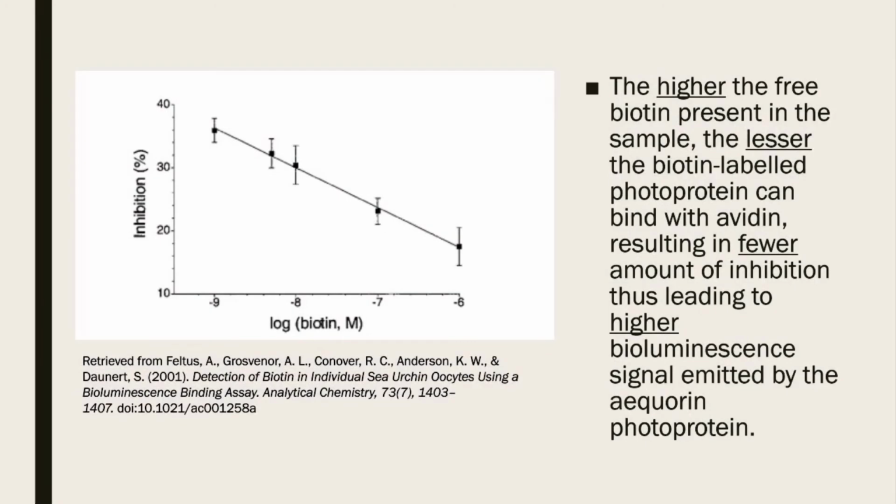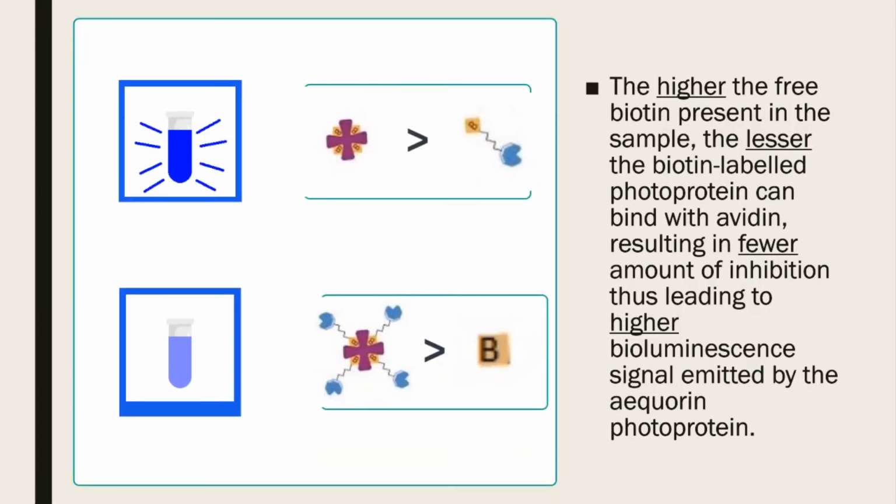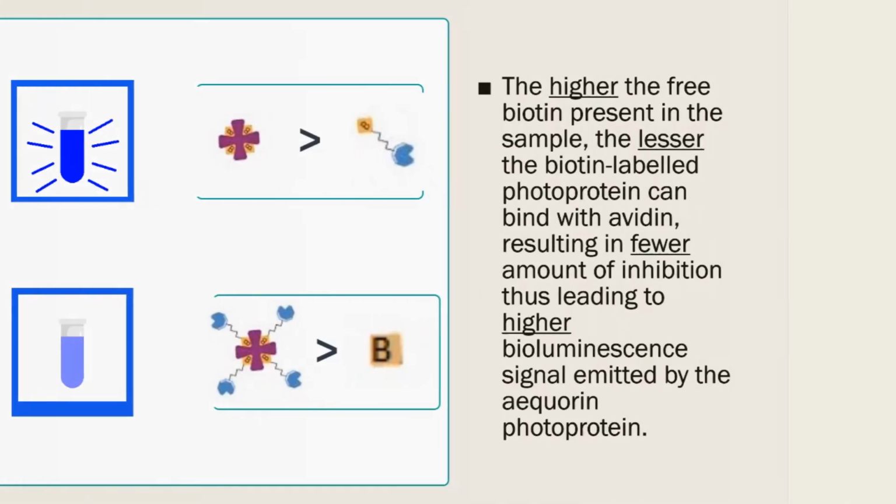The graph shows that the inhibition rate drops down as the number of free biotin in the system increases. So, the higher the number of free biotin present in the sample, the less biotin photoprotein can bind with avidin, resulting in fewer amount of inhibition, thus leading to higher bioluminescent signal emitted by the aequorin photoprotein.